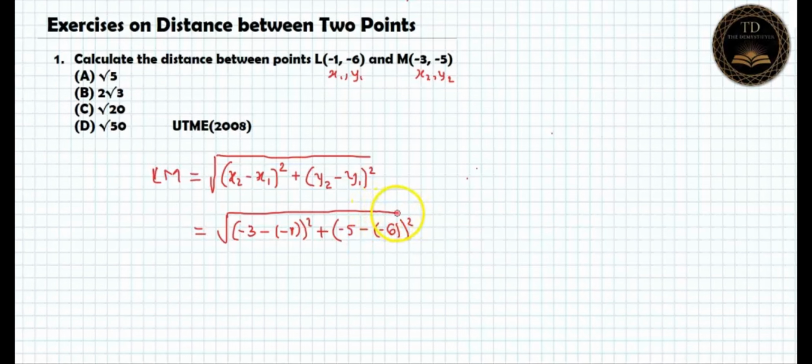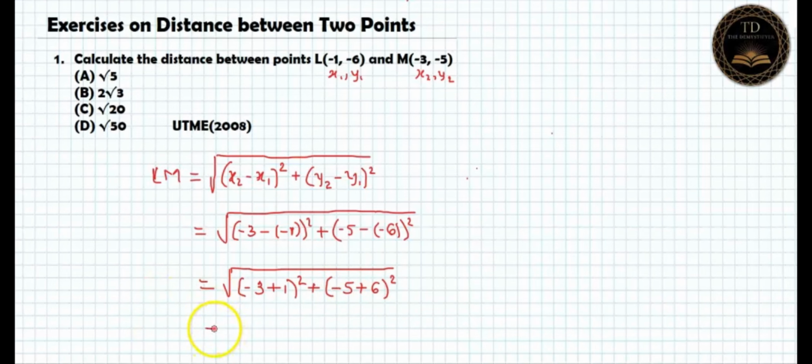Okay, let me extend this. All right, so now we'd have this will be equal to minus 3 minus minus 1. Minus times minus becomes plus, so we'll be left with minus 3 plus 1 all squared plus the same thing here, minus 5 minus minus 6 becomes minus 5 plus 6 all squared.